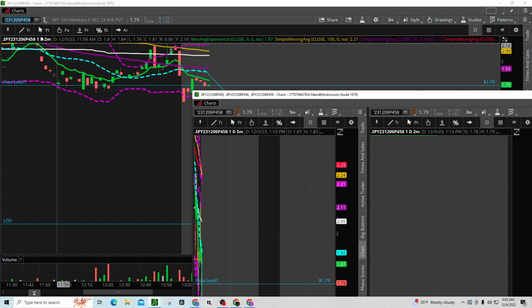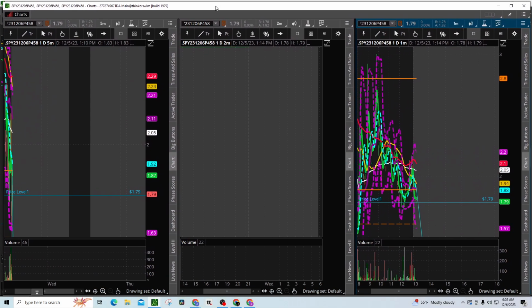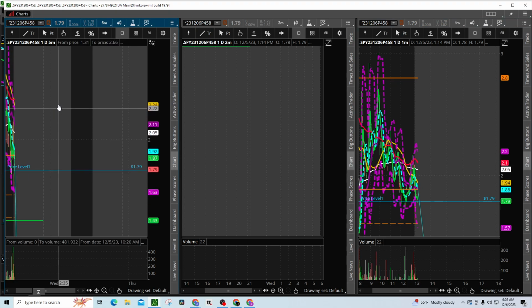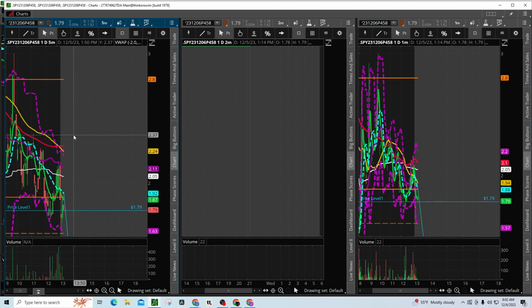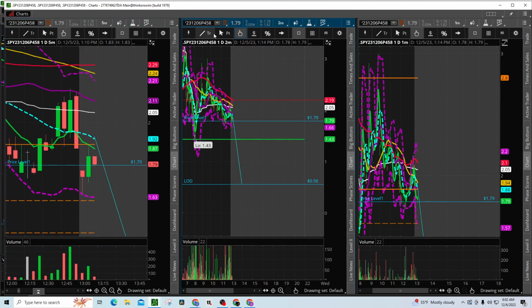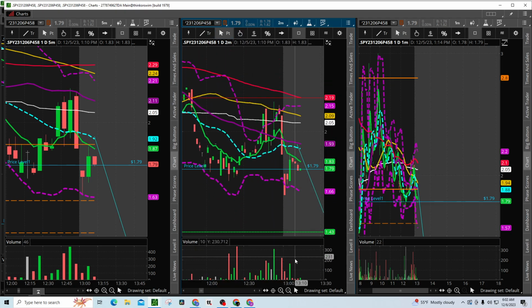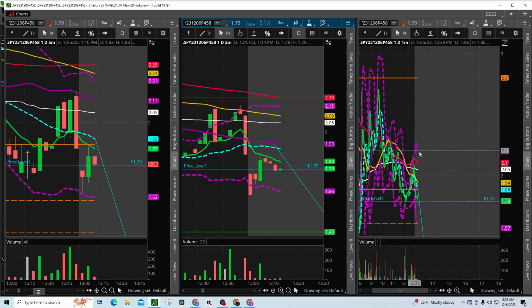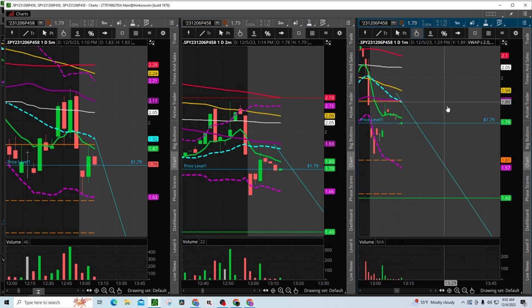So I'm going to load these in here, and basically this information should already be in here, whatever I did. But I want to pull these up and get these ready to trade. Okay, so I don't need this line, I don't need this line.